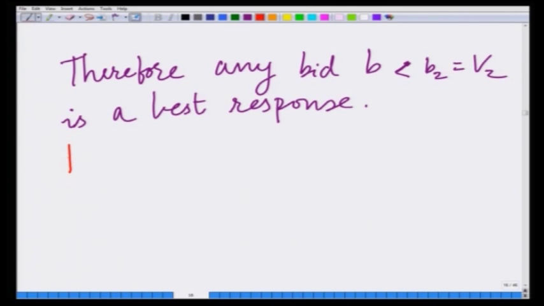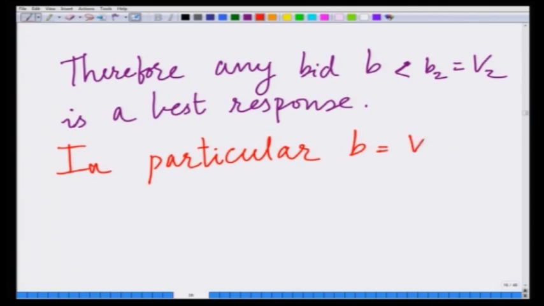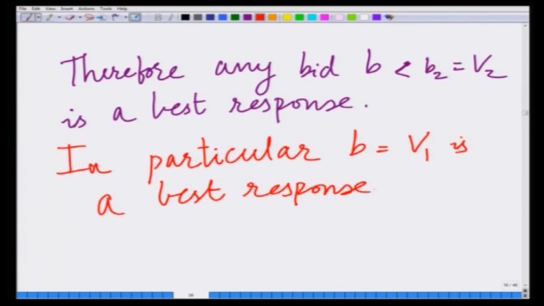In particular, B equals V1, that is bidding his true valuation V1, which is less than V2, is a best response.